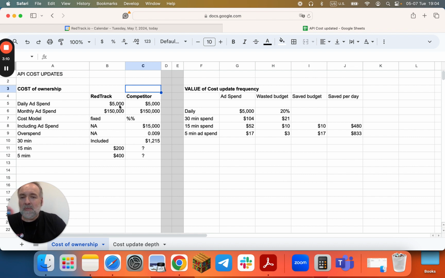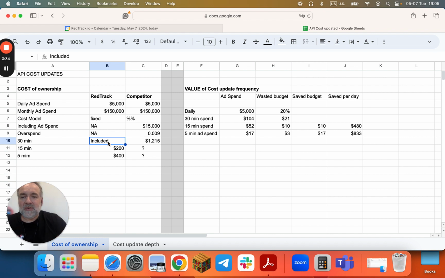But even with this smaller budget, 5K per day, it turns into hundreds of extra costs per month. Now with RedTrack, those 30-minute cost updates are included, basically free, no extra charge.